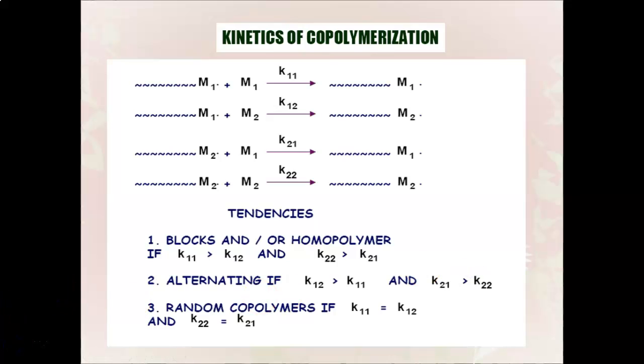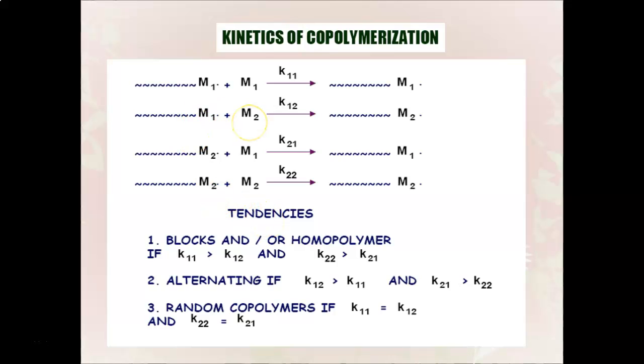The simple copolymer equation will be developed for the case of free radical reaction. So we have four possible propagation reactions which contain monomer 1 and monomer 2. So K11 is the propagation rate constant for monomer 1 with monomer 1, and then K12, K21, and also K22. Each has its own rate constant.